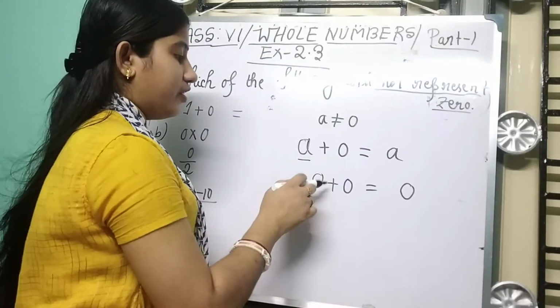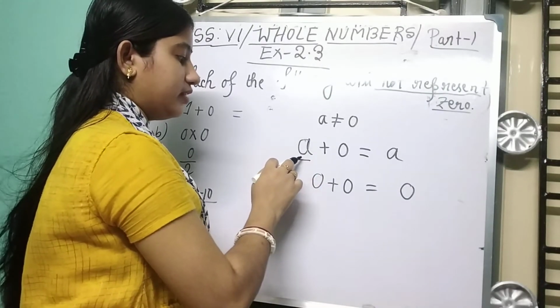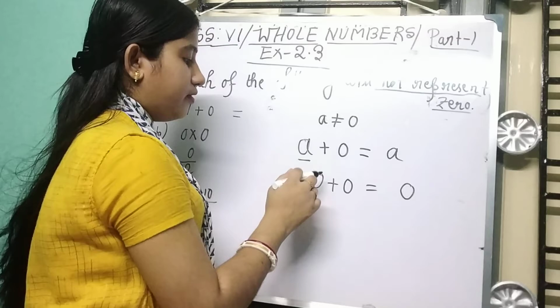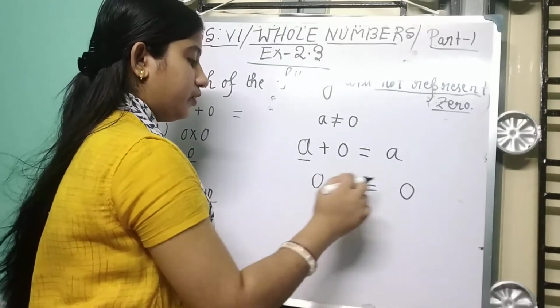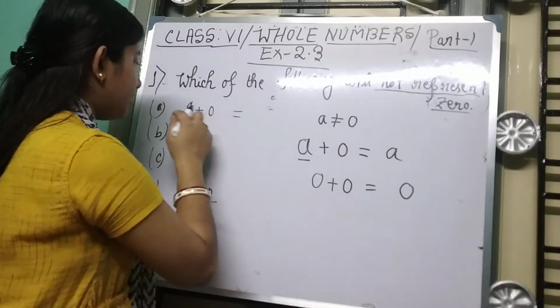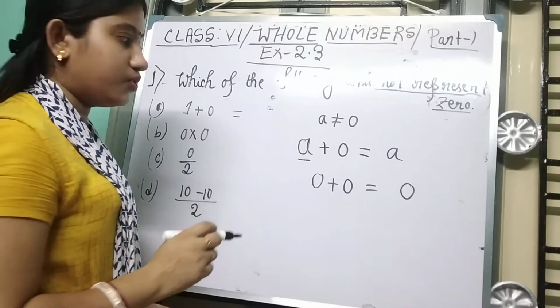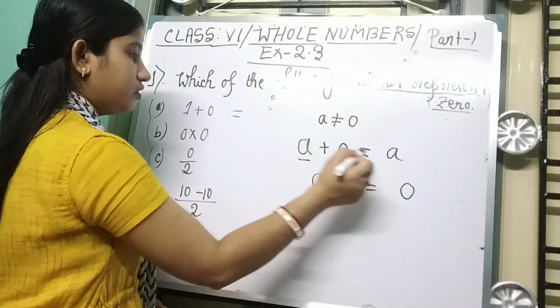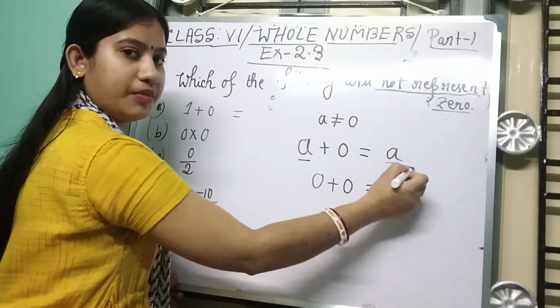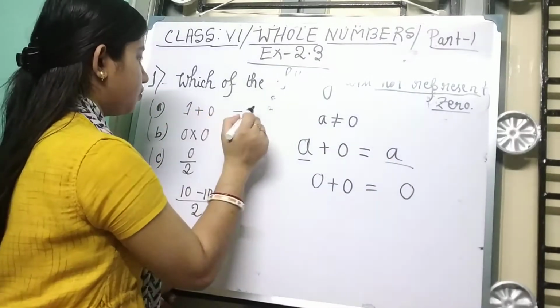So for non-zero numbers we get the number itself, and for 0 we get 0. Now, here given 1 plus 0. 1 is a non-zero number. So 1 plus 0 equals A plus 0, which means this number. So 1 plus 0 means 1.